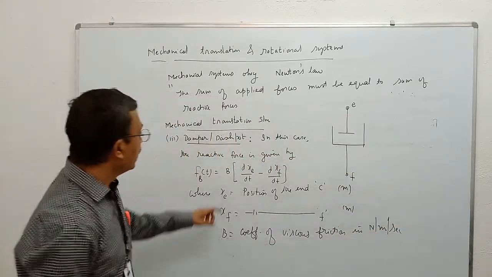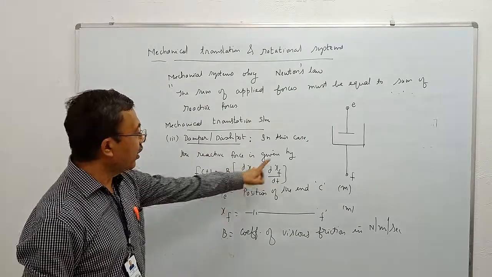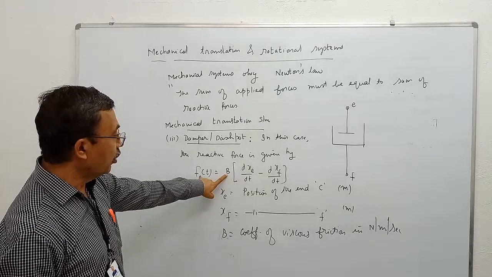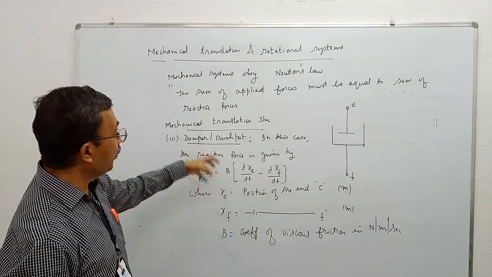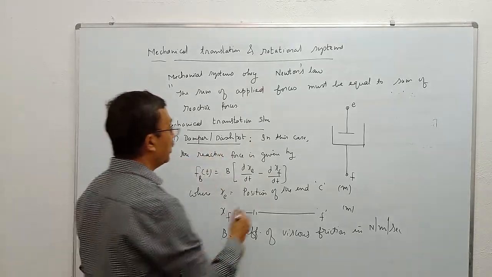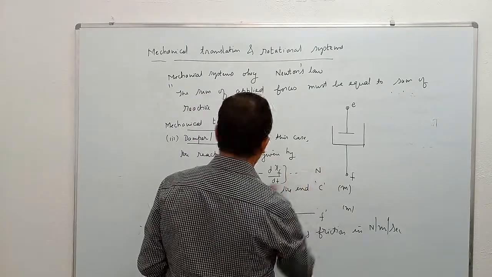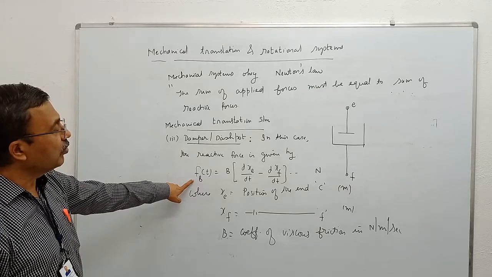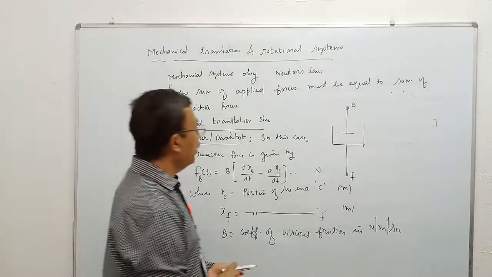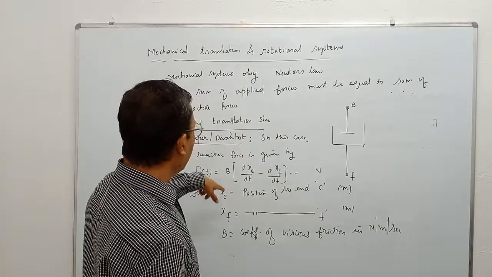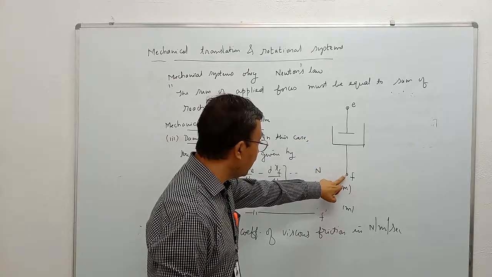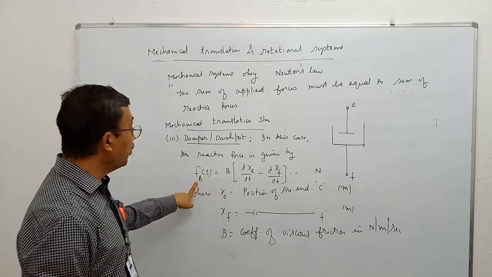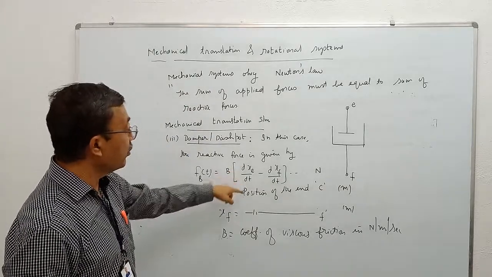Look at this. dxe by dt and dxf by dt have the unit meters per second. And the unit of B is newtons per meter per second. Newtons per meter per second into meters per second will give you newtons. The unit of the reactive force Fb of t is also newtons. If end F is stationary, then dxf by dt becomes equal to 0 and Fb of t will be just B into dxe of t by dt.